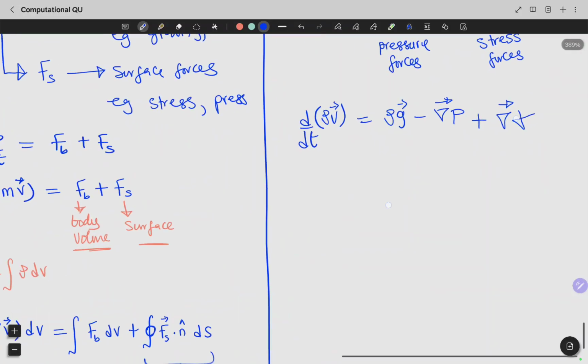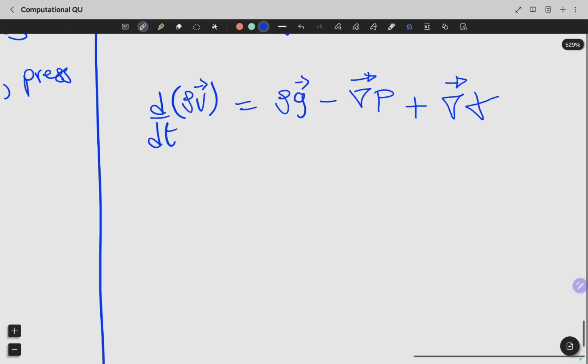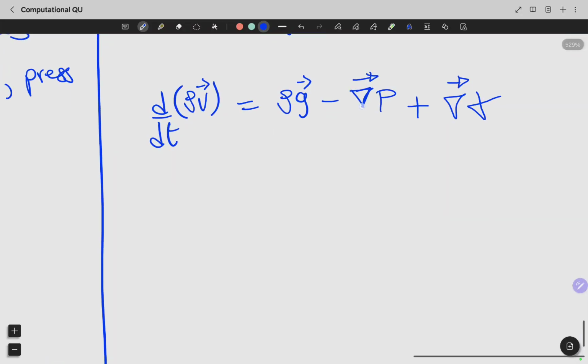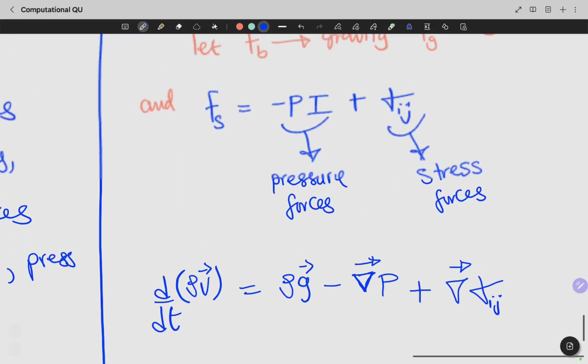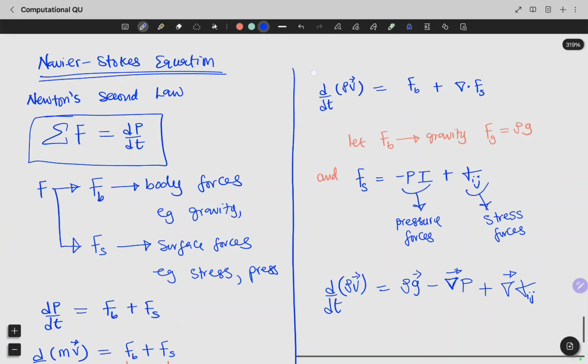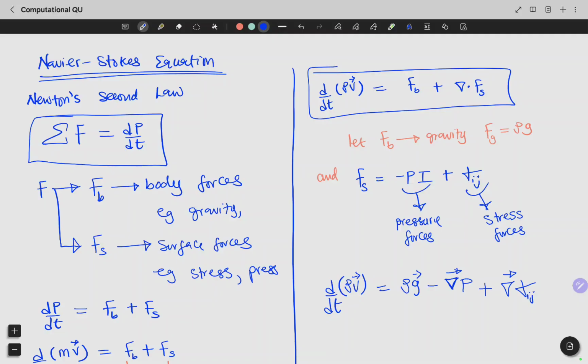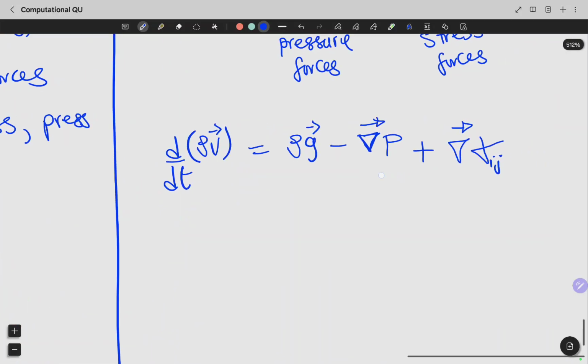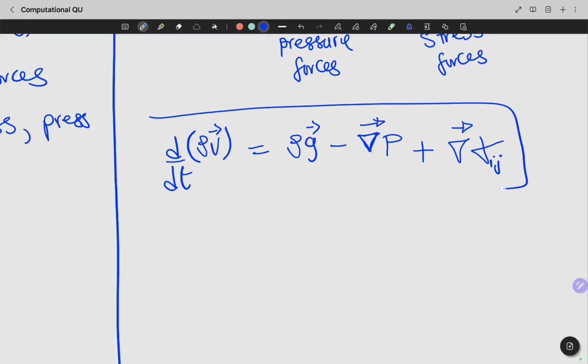Anyways, this is the Cauchy momentum equation in the general case, for compressible and incompressible. This is IJ. It's just the same Cauchy momentum equation, but this time we have defined the external forces explicitly.